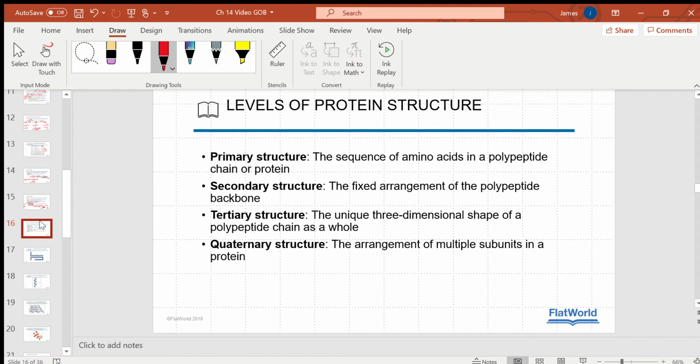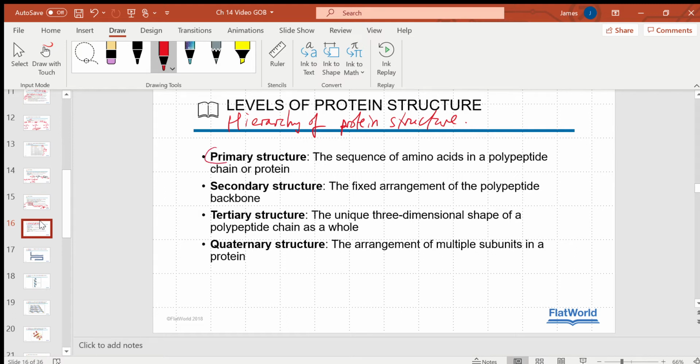Hierarchy of structure. So let's talk about the hierarchy of protein structure. Primary, secondary, tertiary, and quaternary.